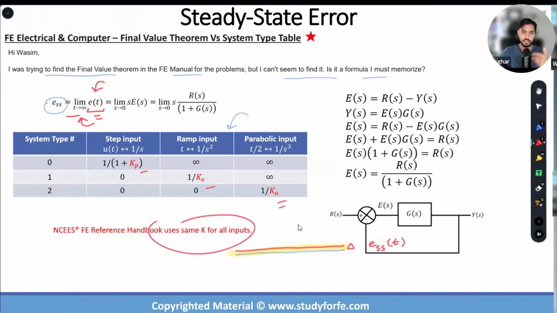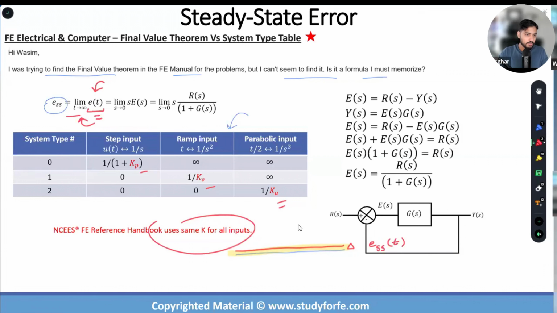What is infinity? Extremely large number. Okay. And at that extremely large number, we are figuring out the value of this error function. It's kind of mind boggling. We are able to achieve it though very simply by making use of this theorem, by stepping out of the time domain and into the Laplace or the S domain.